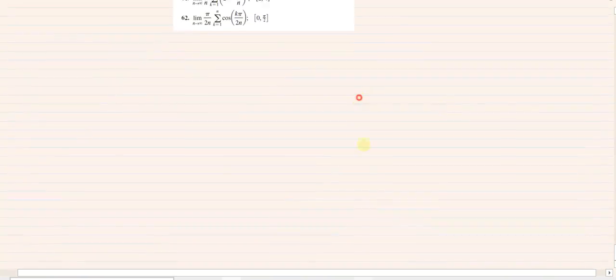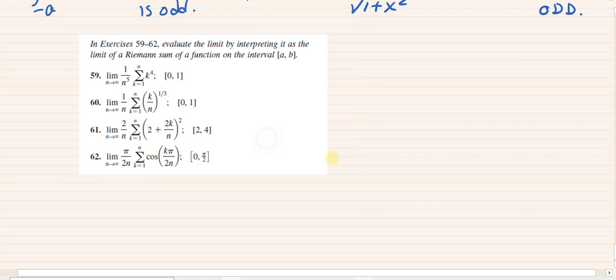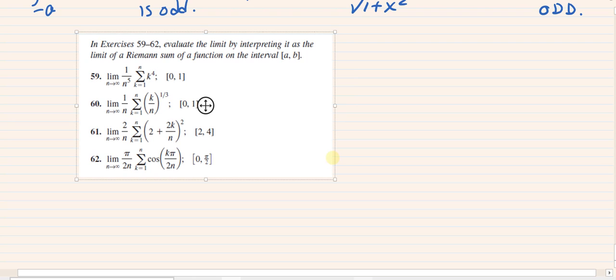Now actually we can do one of these. So for this one now, let's take a look. These won't take long at all. These are actually pretty easy because all we have to do is just rewrite them. That's it. Evaluate the limit. We want to find this limit by interpreting it as the limit of a Riemann sum of a function on the interval from a to b.